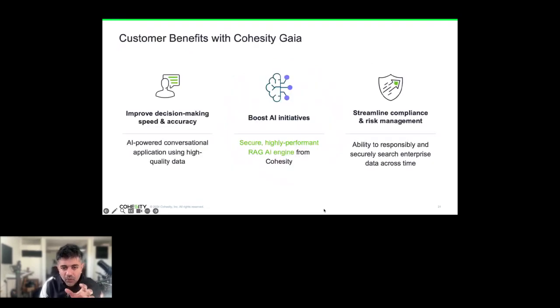That's sort of where we've provided value to our customers, because by bringing this RAG framework, we've improved decision making speed and accuracy. We've boosted the ability of different organizations to tap into data almost as if it is oil and it has a value associated with it, for example a cost savings angle.